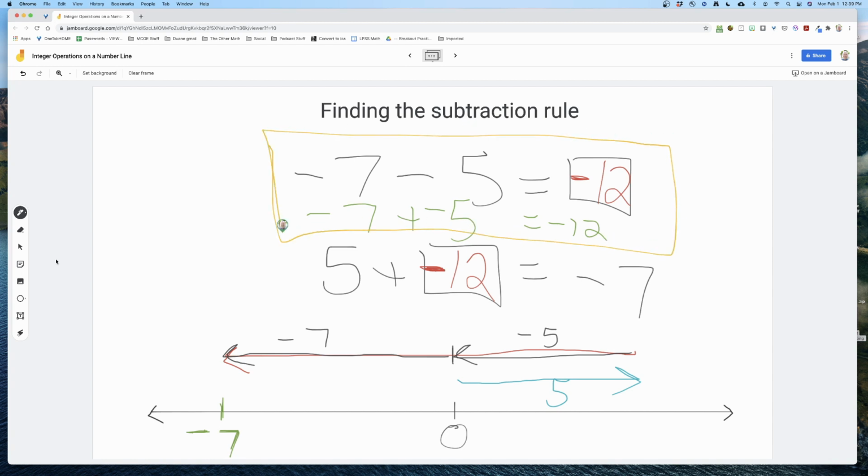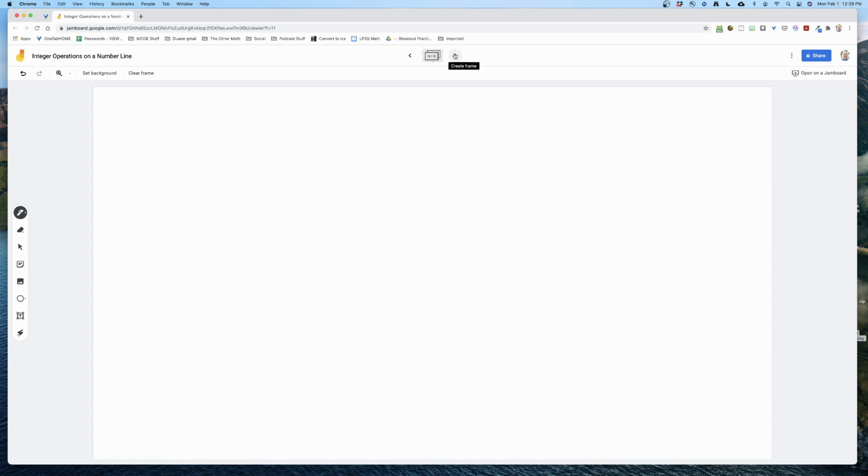Let's do that again on another example. Let's go to the next slide and do -13 minus 8 equals what? Remember, we're going to write it as an addition problem with a missing addend.